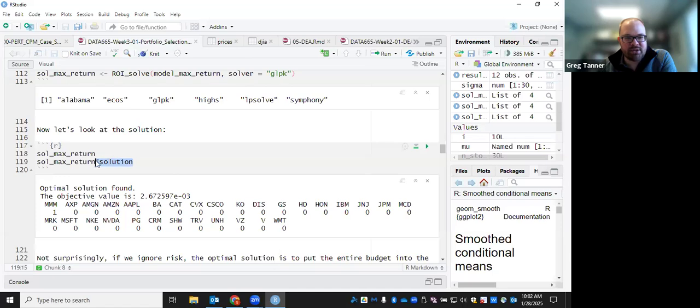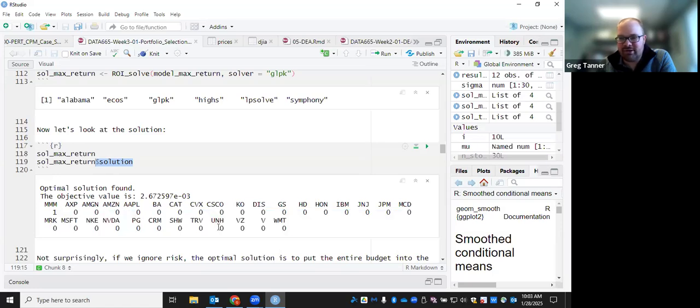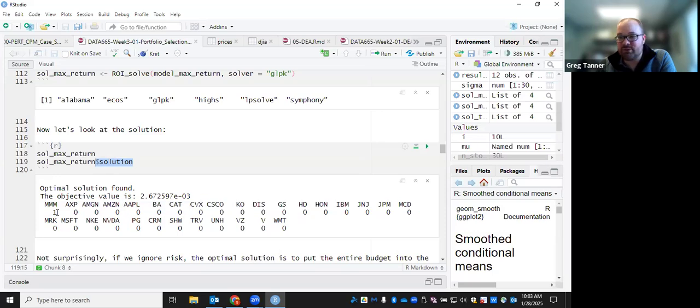And then if we put a $solution on the end, it will give us the actual values of our decision variables in the optimal solution. And interestingly enough, if we want to maximize return, it puts all of our budget in the best stock, which happens to be 3M. So if you want to maximize your return, you put all your money in the one best stock, right?